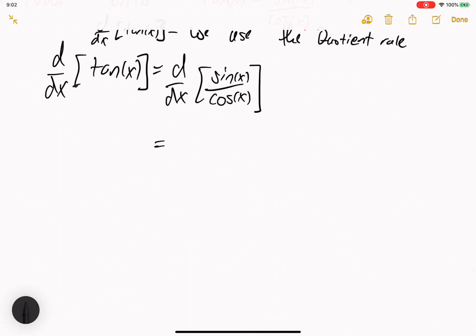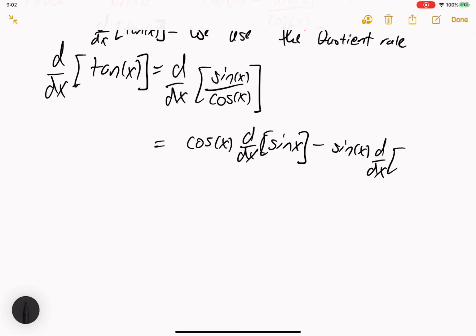Whenever I use the terminology, it's low d high. So cosine of x times the derivative of sine of x. Let me stick with this notation so I don't use the prime. So it's the derivative of sine of x minus, now it's going to be high, so sine of x, d low, so d/dx of cosine of x. And it's all going to be over low squared, so all over cosine of x squared.